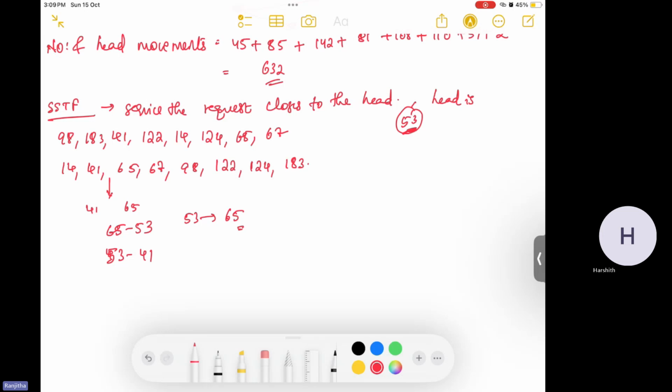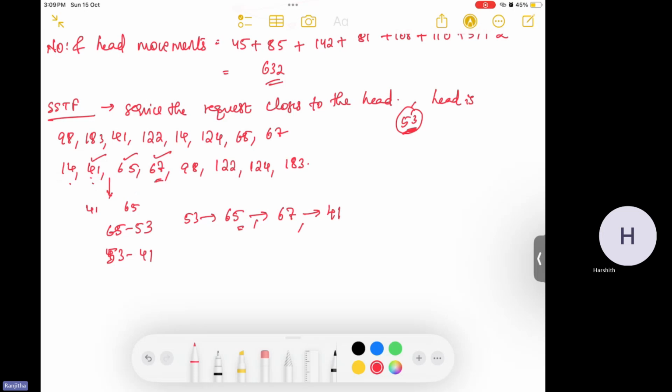Now from 65, 67 is the nearest one, so 67 is serviced. From 67, we have 41 towards this end and 98 at the other end. 41 is closer from 67, so we go to 41. Now, from 41, we have to find the distance between 41 and 14 and between 41 and 98.